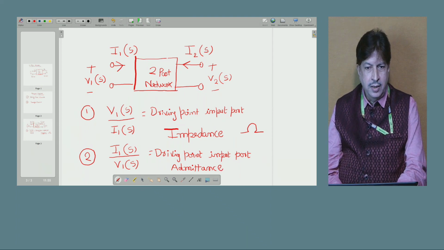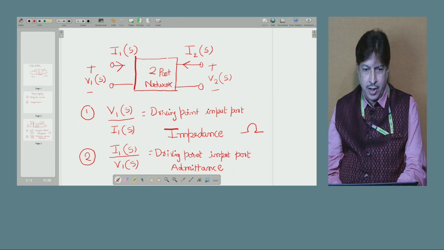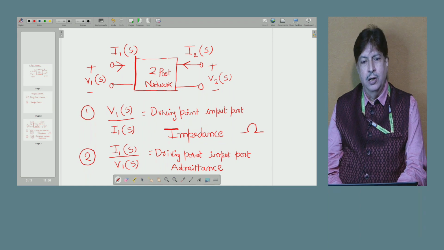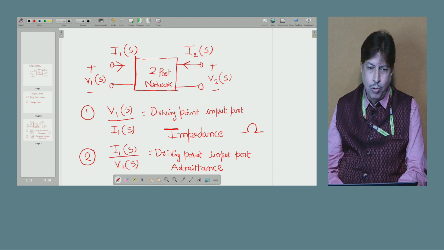Hence, the function I1(s) by V1(s), whenever we refer to this network function, we call it the driving point input admittance function, or driving point input port admittance.